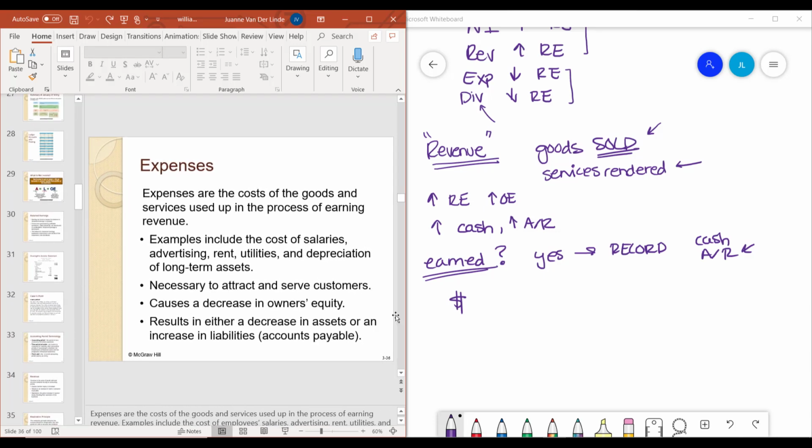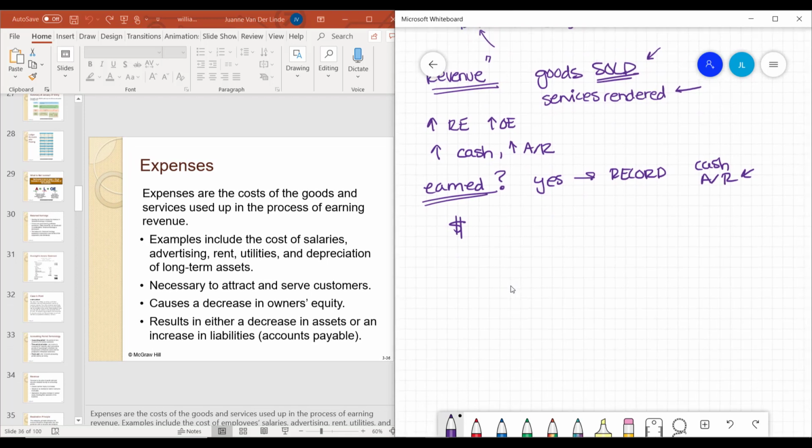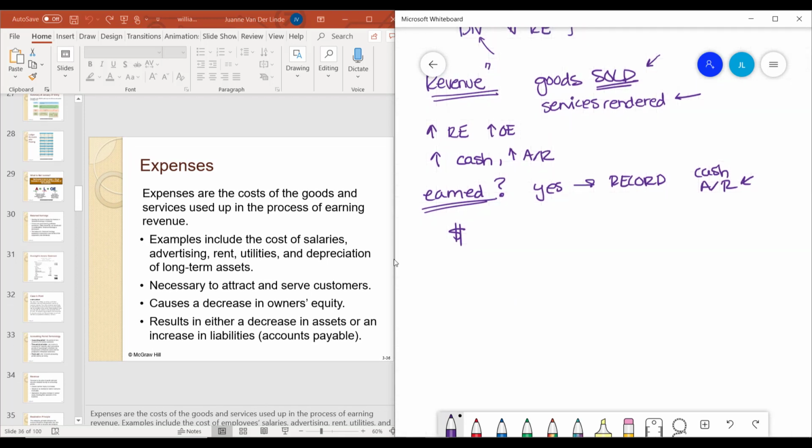All right, on to expenses. So expenses are basically the cost of goods and services that we use up in order to make that thing called revenue. Because in order to generate revenue, to make money, we need to spend money to some extent. So expenses are the costs of the goods and services used up in the process of earning revenue.